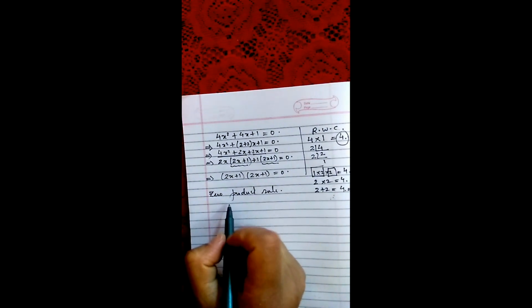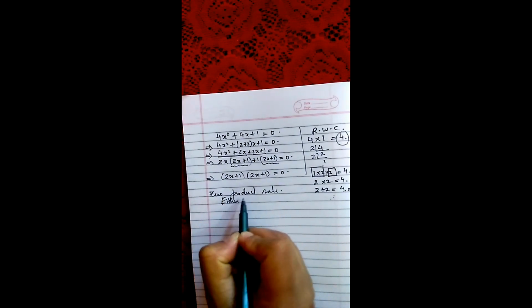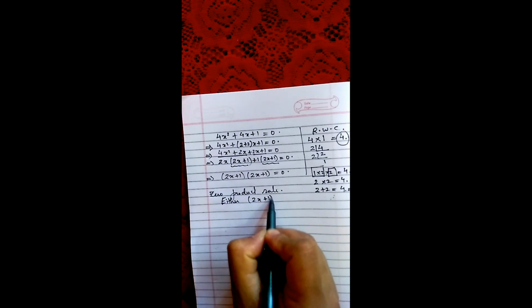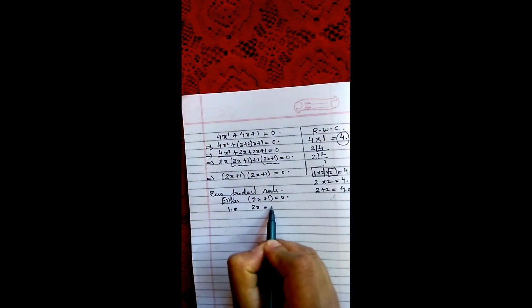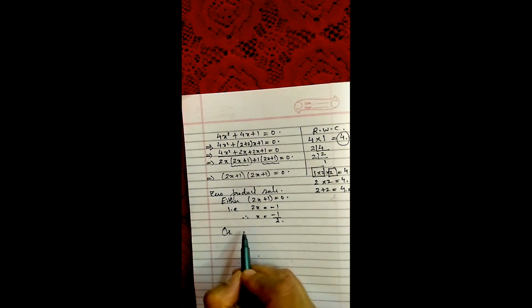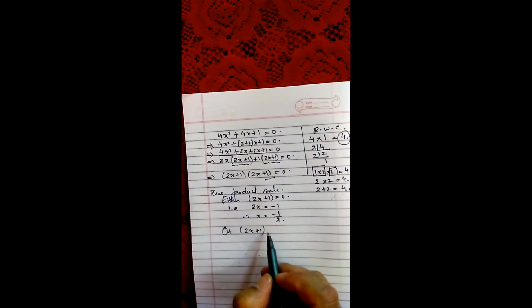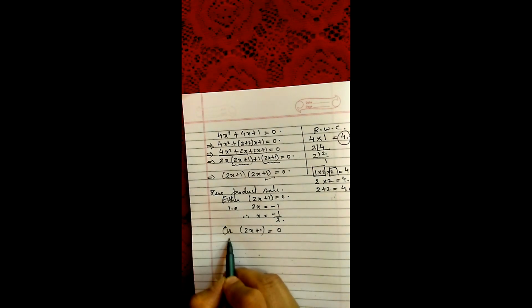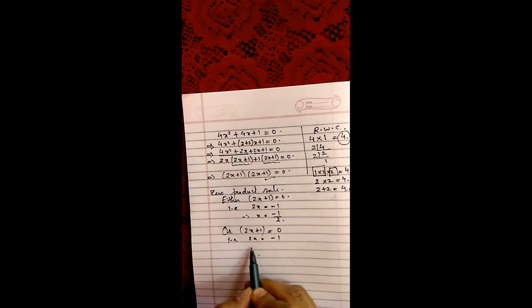Now using the zero product rule, as I mentioned, either 2x plus 1 is equal to 0, that is 2x is equal to minus 1, therefore x is equal to minus 1 by 2. Or again the same thing is there, 2x plus 1 is equal to 0, that is 2x is equal to minus 1, therefore x is equal to minus half.